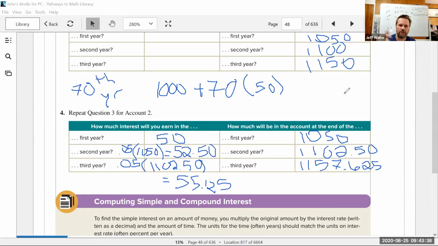I keep adding 50. So at the end of the 70th year, I add 70 50s. I take that many steps. So what would that be? 3,500. Plus the 1,000, 4,500. That's a pretty good amount. You just got to wait 70 years to make $3,500.